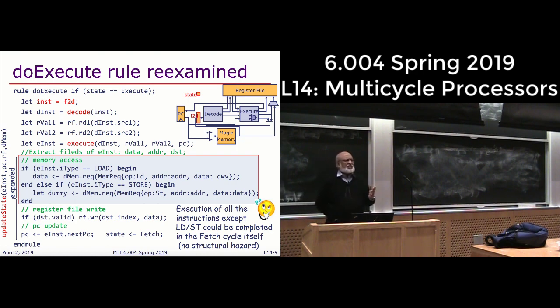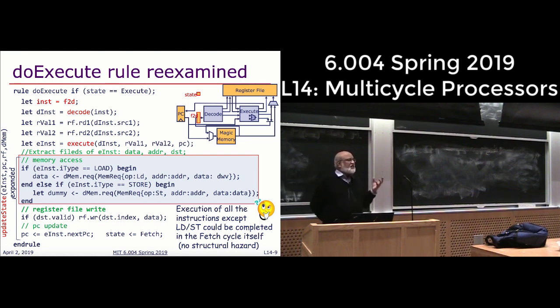All right, so now let's examine. I want to improve on this. And this is what we'll do all the time. We start out with a design, and then ask how we can do better. So I look at the execute part of the pipeline here. We have the instruction, we are doing the decoding of it, etc. And in the execute part, notice what all we do in the state update part.